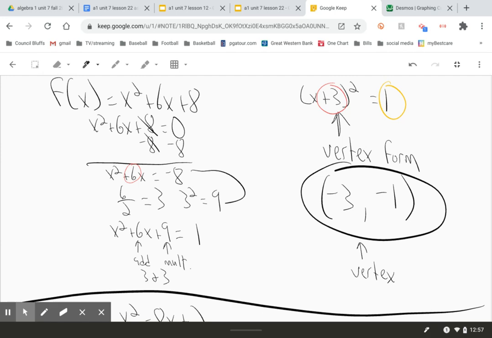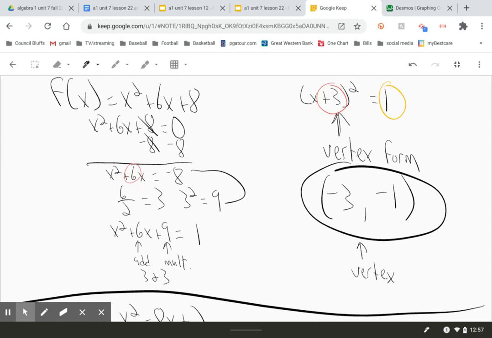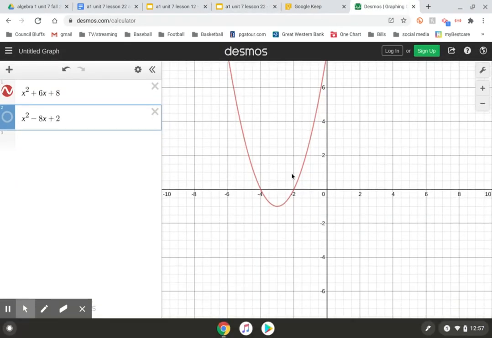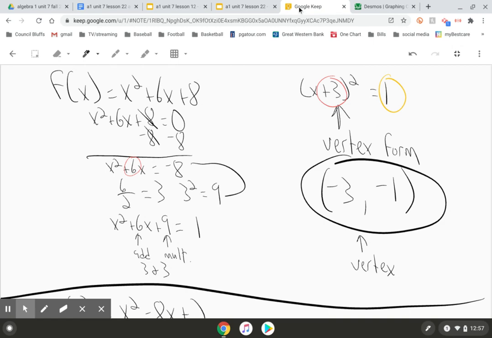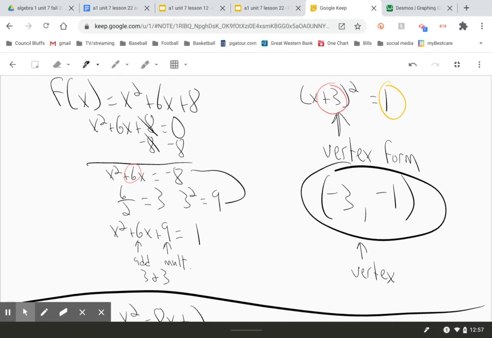And just to give you an idea of what this looks like, if I go on Desmos and I graph x squared plus 6x plus 8, notice the minimum point here is (-3, -1). So this is a way that I can figure out the max, or in this case, the minimum point, without actually graphing it.